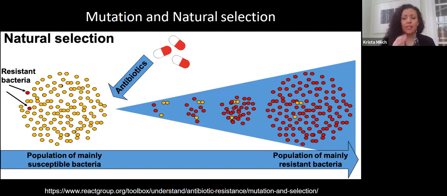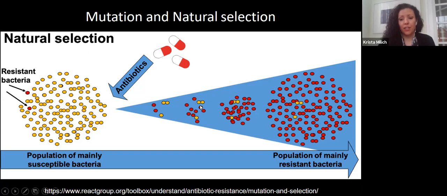The antibiotics are a selective force that are killing off all of these bacteria that are susceptible to antibiotics. And the only ones that are surviving are very few, including some resistant bacteria.